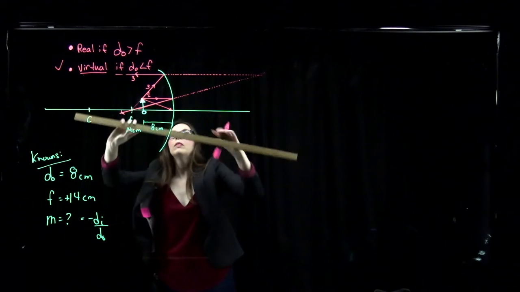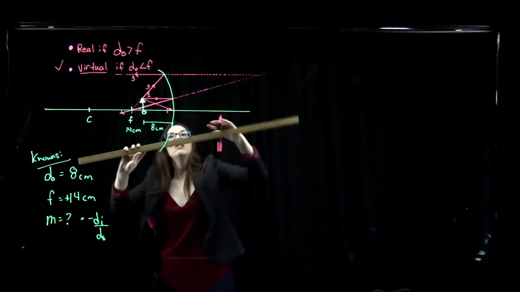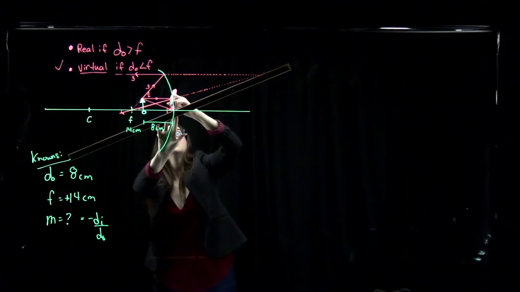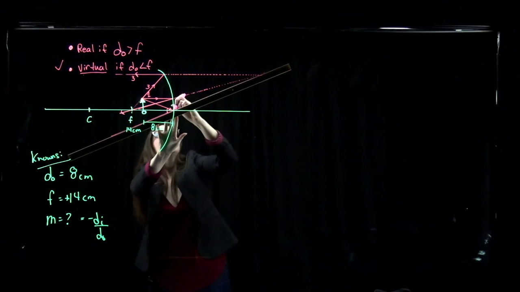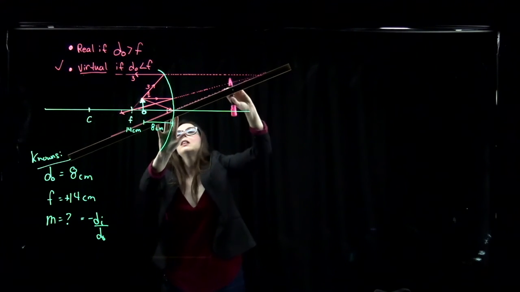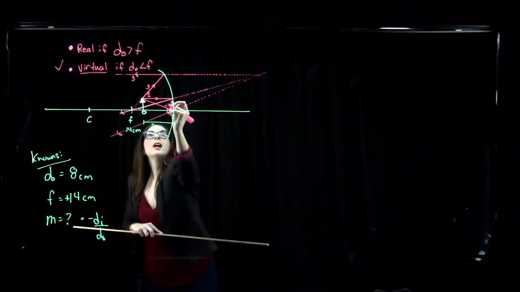So this angle right here should be the same as my reflected angle right here. Let's see how well I can do. That looks about right. I'm just eyeballing it here. Okay. And then here's my extension back to this side because we have a virtual image. All right. This is our second ray.